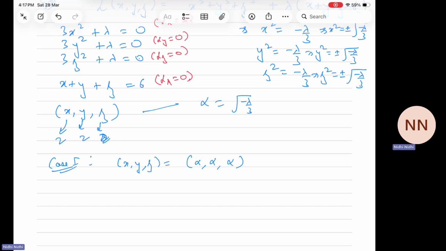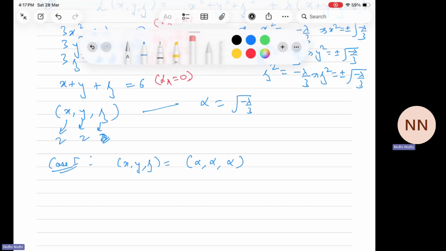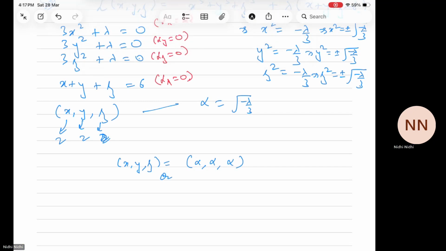Then alpha, alpha, minus alpha; alpha, minus alpha, alpha; and minus alpha, alpha, alpha. In these three cases, one of them is negative.